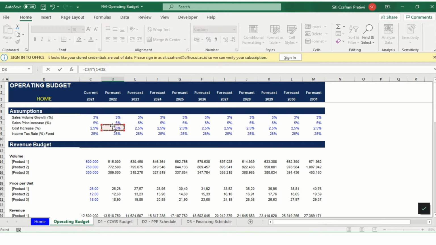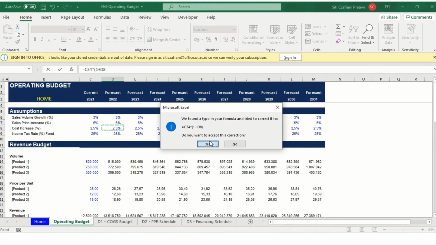Again, if you wish to separate the cost of goods sold growth and operating cost growth, you are welcome to do so. However, in my assumption, I will make the cost increase of operating expense and cost of goods sold similar, 2.5%. I will not differentiate between them.